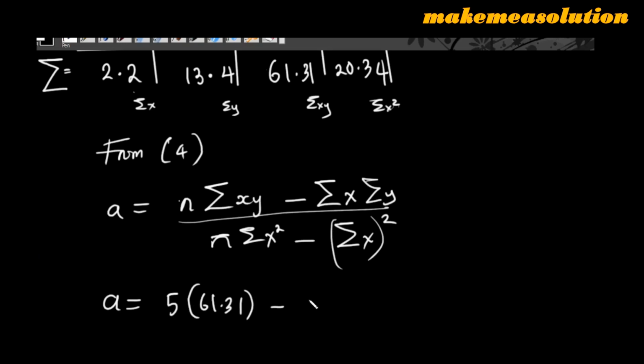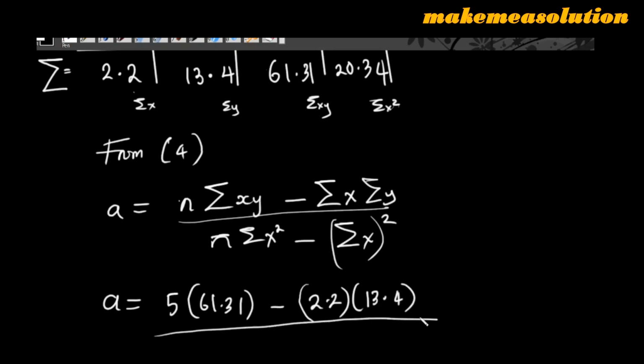Summation x is 2.2, and summation y is 13.4. Then everything divided by n, which is another 5. And you now have summation x squared, the sum of all the squared values of x, which is 20.34, minus summation x all squared. Remember, summation x is 2.2, so 2.2 all squared.